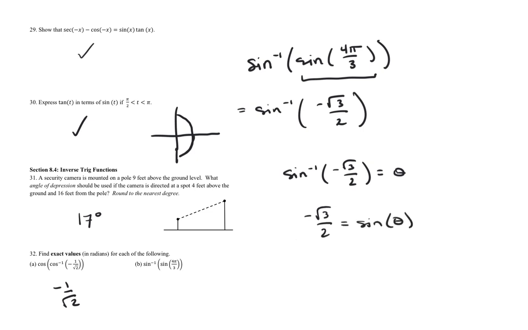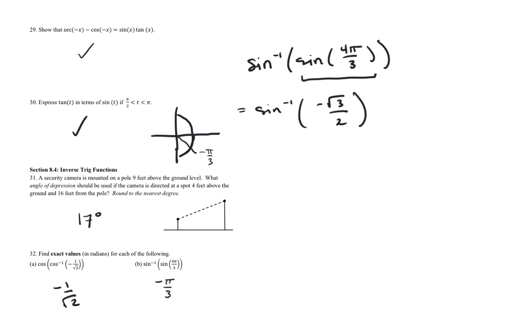And what does that theta have to be? Well, theta would have to be negative pi over 3. So at negative pi over 3, if I plug that into my sine function, I get an output of negative square root of 3 over 2. So I can say that sine inverse of negative square root of 3 over 2 is negative pi over 3.